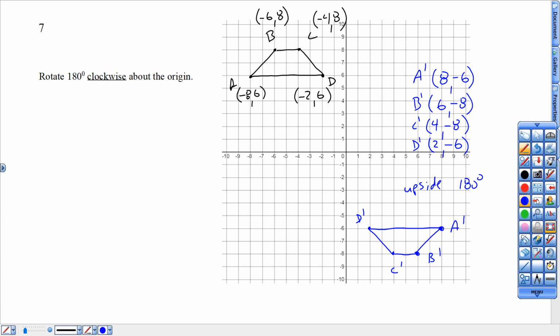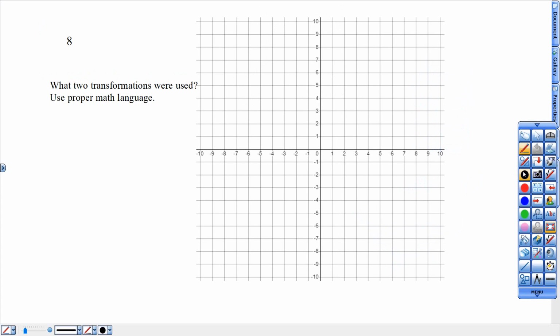All right, here we go. 3 more, I'm sorry. Number 8, this one right here. The original point is negative 6. That's B. C is left 5 up 2. And then A is left 8 up 3.